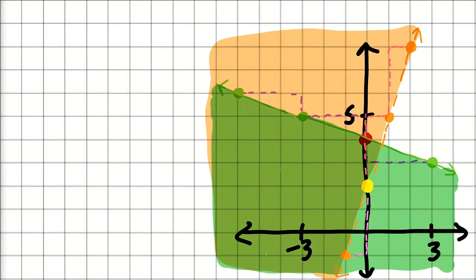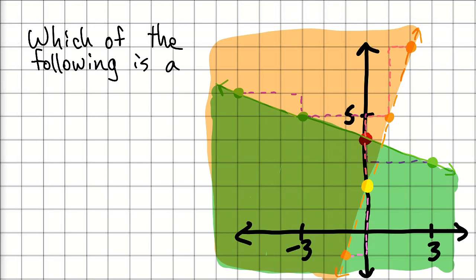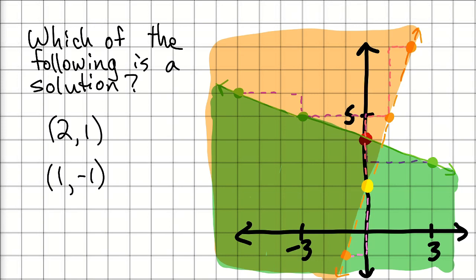And continue on with this question and say, which of the following is a solution? So first, how about, we'll do it this way. (2, 1), (1, -1), and (3, -4).